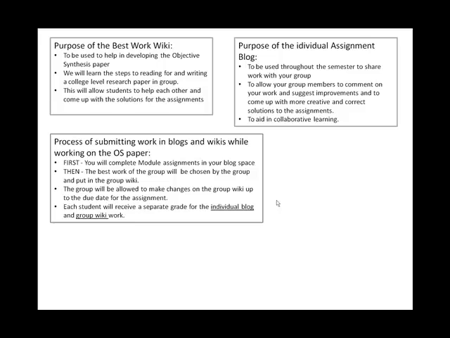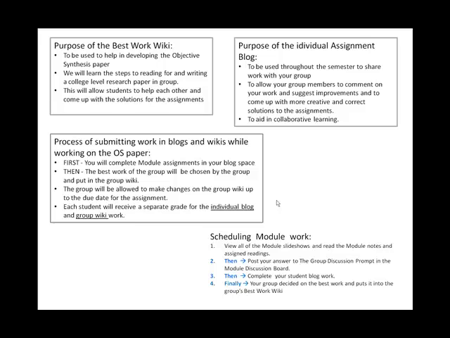Then your group is going to take a look at each other's blog for that module, decide which is the best work for that particular module, and you will then copy and paste that work into the group's Best Work Wiki. Now, the important thing here is that there's only one wiki per group per module, and then each student, as far as the grade is concerned, will receive an individual grade based on your individual blog work and how much work you did in the wiki.